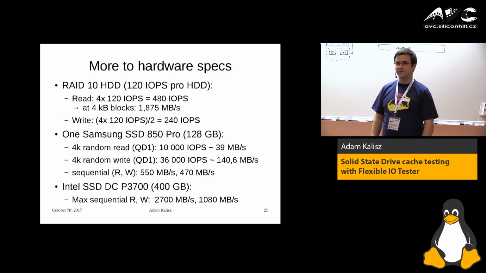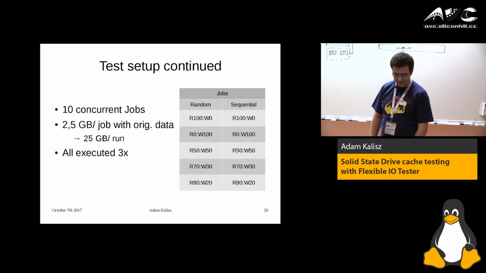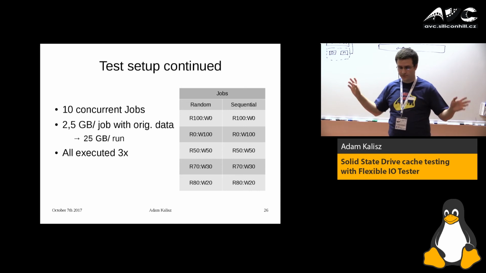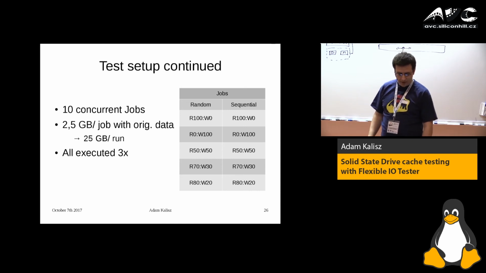In the hardware specs, you can see the difference between a RAID array of hard disks and one SSD. It's quite stark. So that wasn't very lucky what I did, but we'll talk about it.